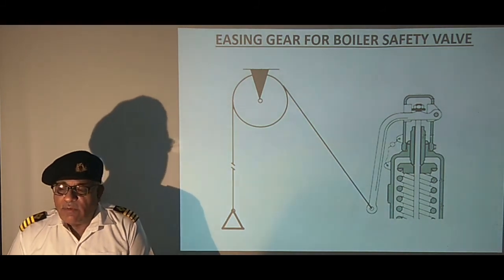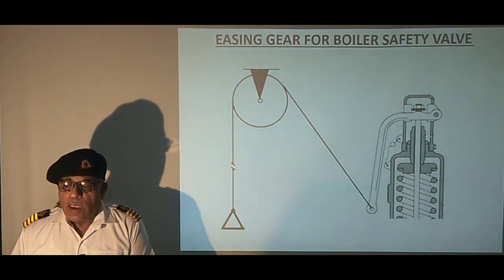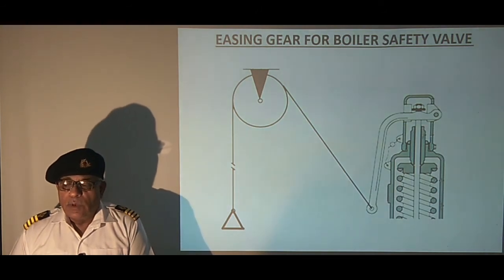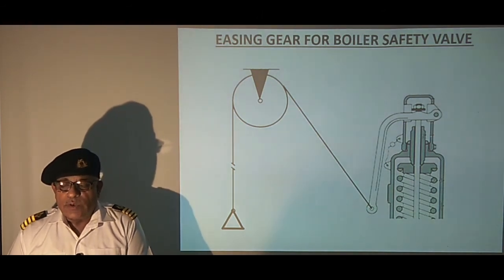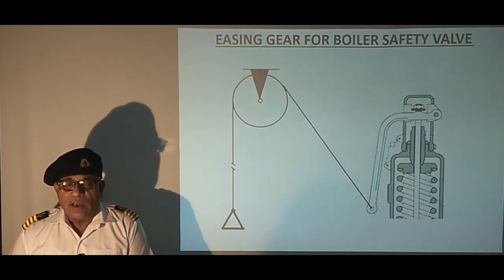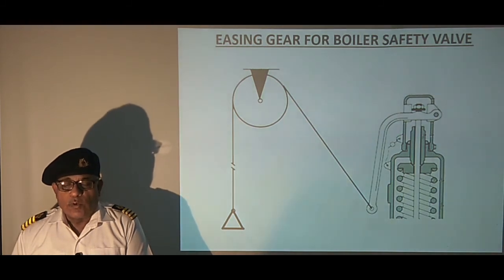After setting the safety valve, a hood is fitted over the spindle and sealed to prevent tampering with the valve setting and to connect the easing gear. So we can see the hood is fitted, which is also sealed so that nobody can alter the setting of the safety valve.